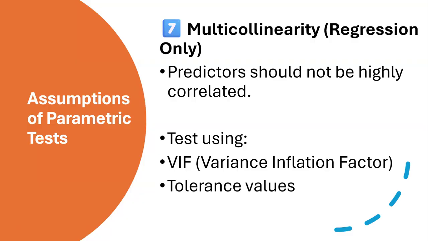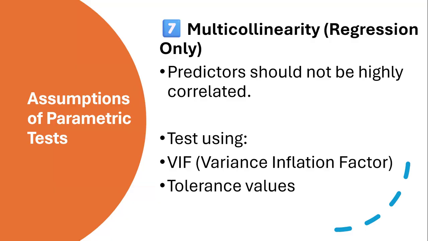So the moment you start entering these predictors in such a model, you realize the R square will be going up, the correlation coefficient will also be going up, and you may be assuming the effect size will also be going up. So you'll be assuming that, oh, these are very good predictors of employee performance. But what is actually happening is that you are using two predictors that are ordinarily highly correlated.